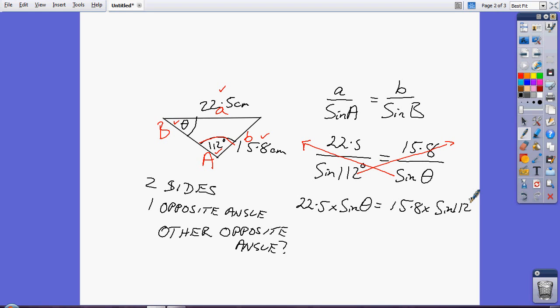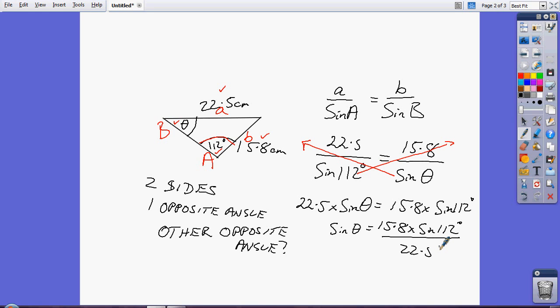Simplifying that further, we have sine theta equals 15.8 times sine 112 degrees over 22.5.